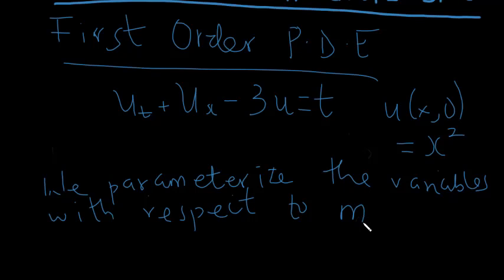This is what we're going to do. If m is our new variable and we are parameterizing the variables x and t with respect to m, it means t is a function of m and x is also a function of m. That's what we are trying to say, right?